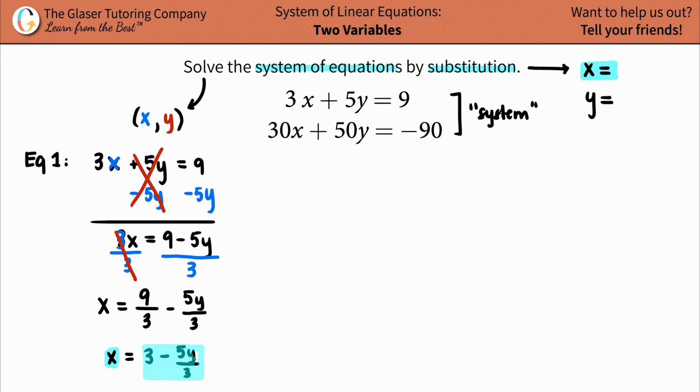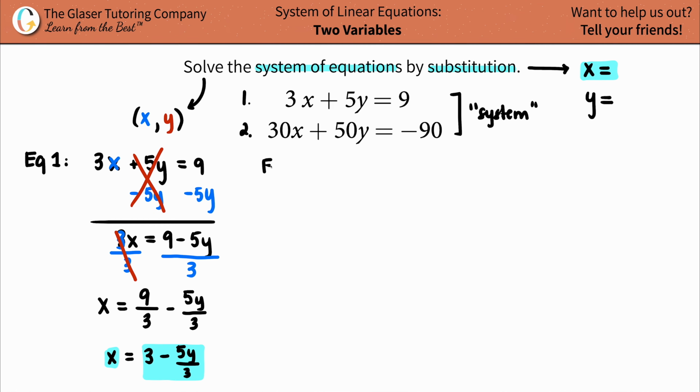First part is done. Now, for whatever equation you used, we used equation 1 out of the 2. You can't use the same equation. So what we're going to do now is use equation 2 and plug in the x value that we just found.